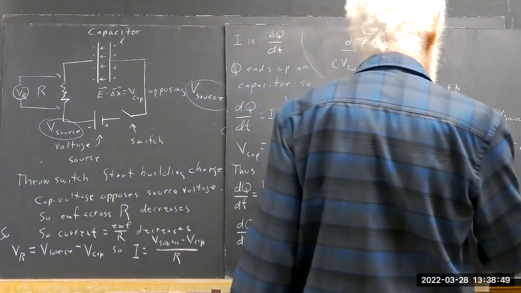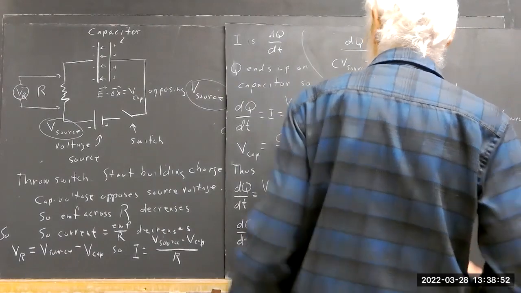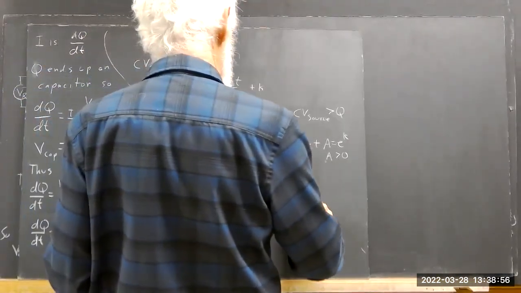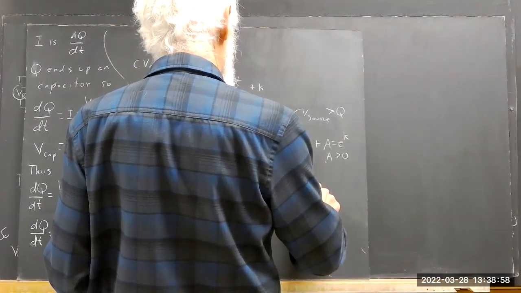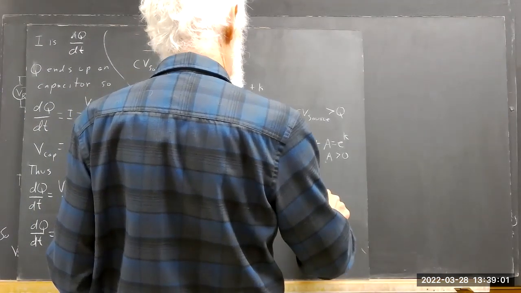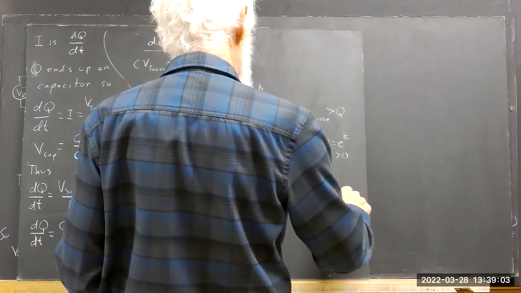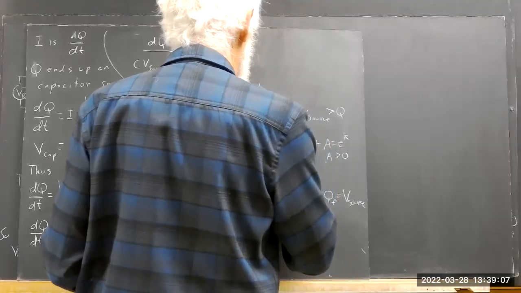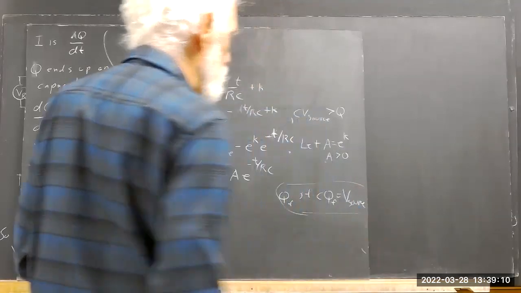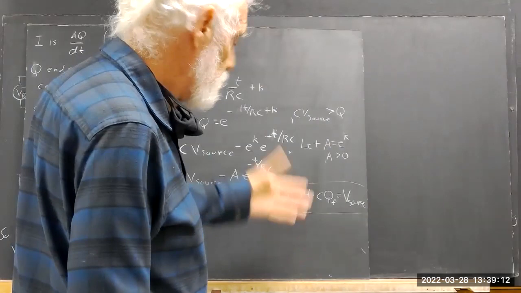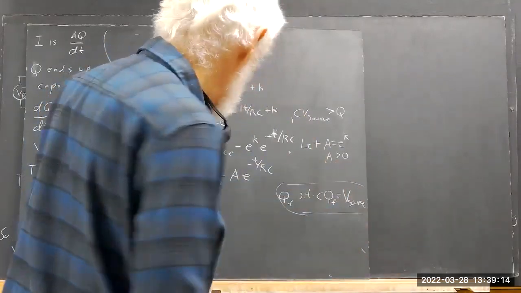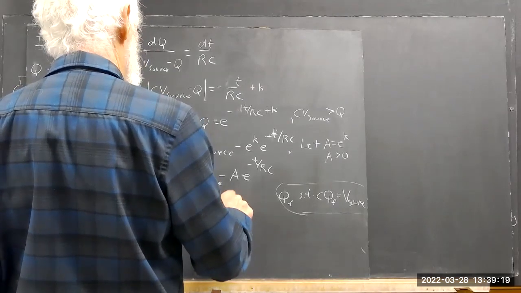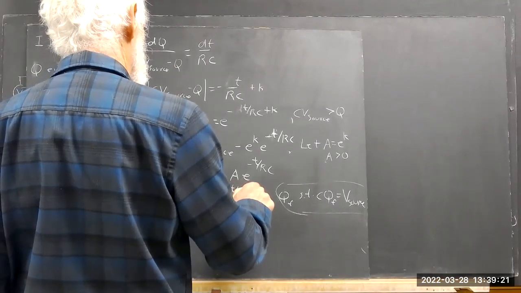So QF is such that C QF equals the voltage of the source. That's when the charging ends. That's Q equals QF minus A e to the negative t over RC.